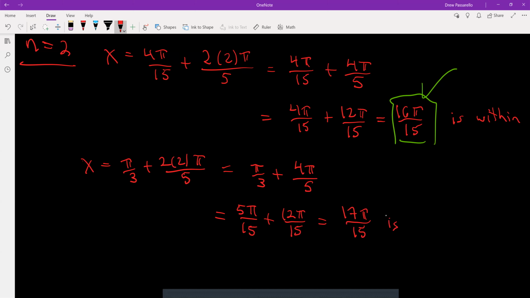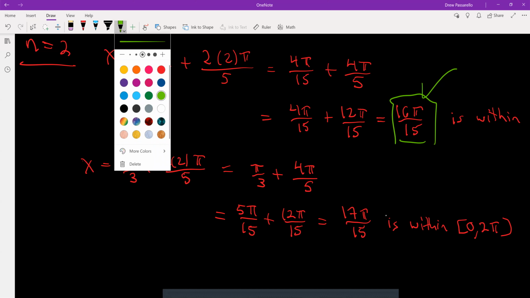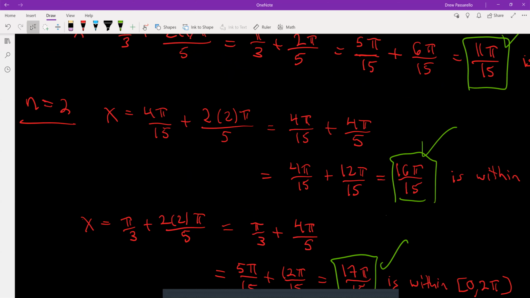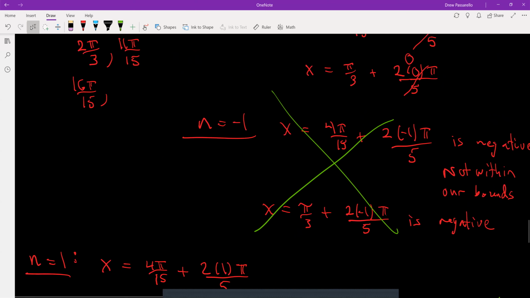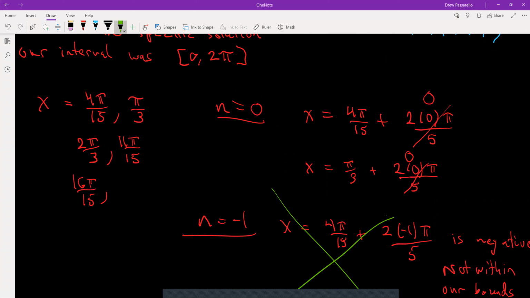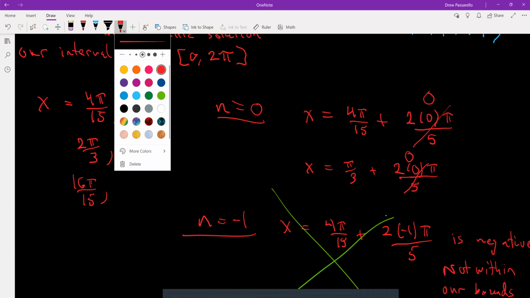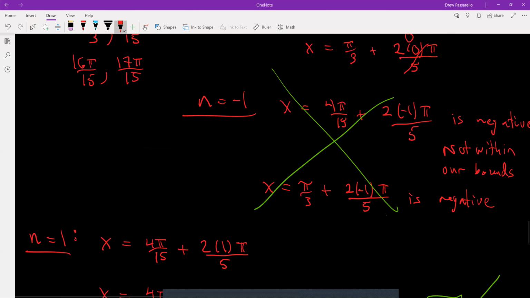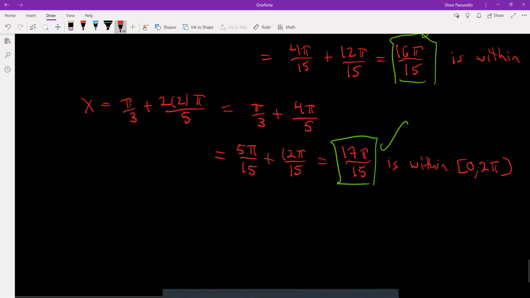And that is within our bounds. So you see there's a good bit of specific solutions for this problem. Okay, so 17 pi over 15.